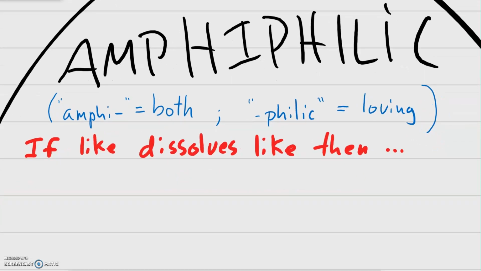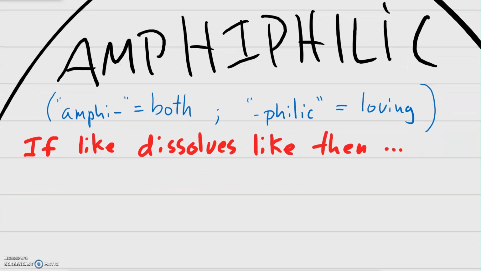As we learned before about the solubility rule, like dissolves like, and that means polar compounds dissolve polar compounds, and similarly nonpolar compounds dissolve nonpolar compounds. In other words, oil and water don't mix, but oil and oil, and water and, say, vinegar do.